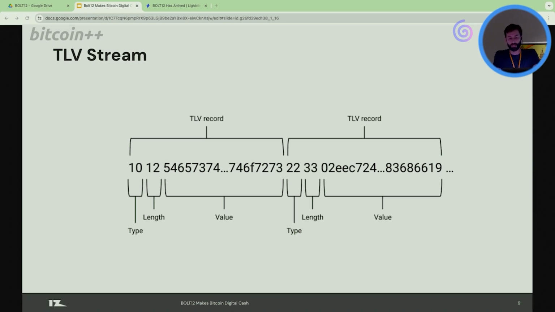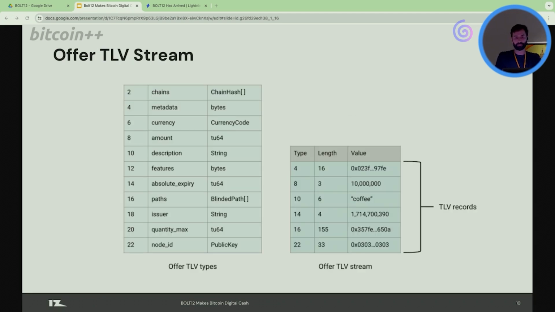So as you're parsing a TLV stream, which is a sequence of these TLV records, you would pull out the type, figure out how much of the stream to read, and then parse it based on that type that was identified. So it's pretty straightforward. And so I'm not going to go too much into the detail here, but that's what a TLV stream is, and that's how offers and other messages within offers are encoded.